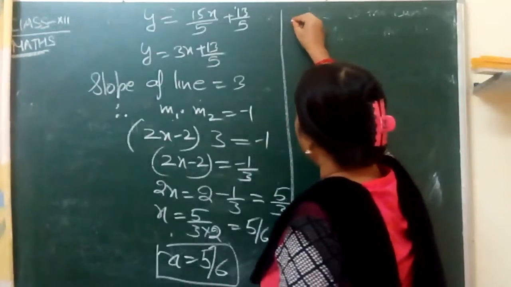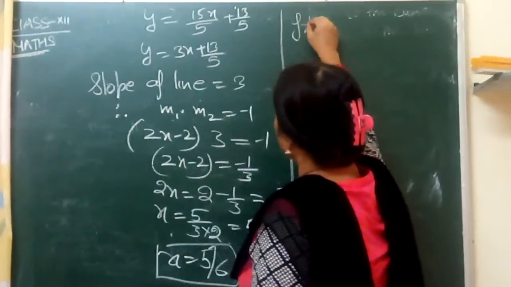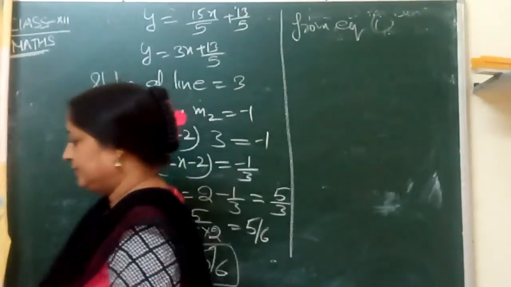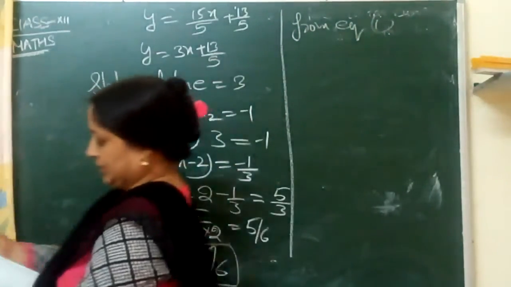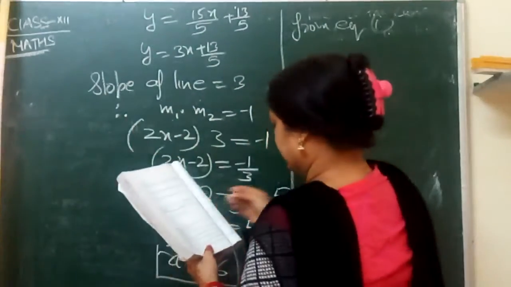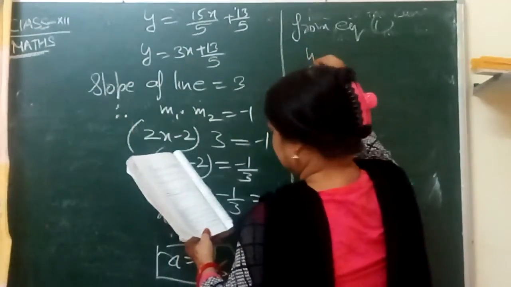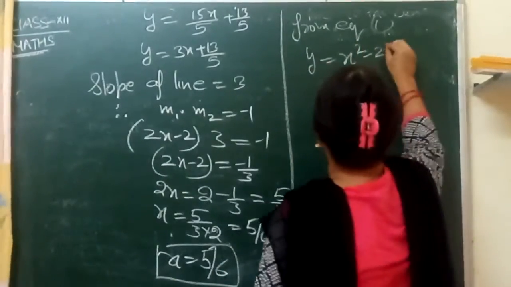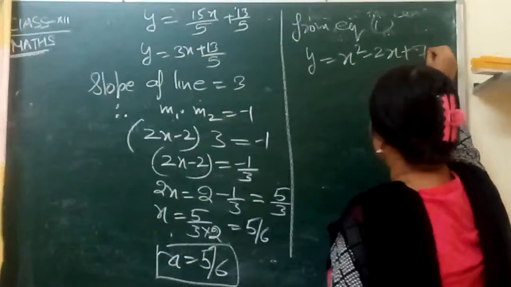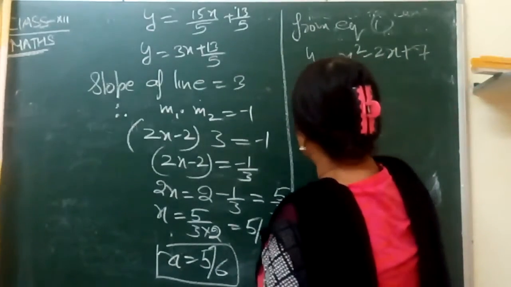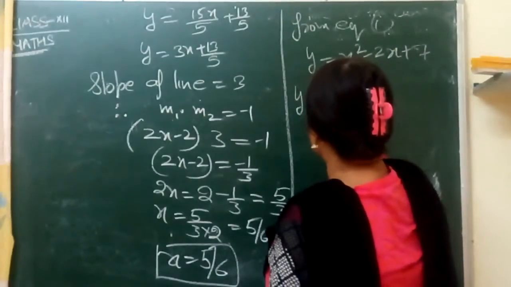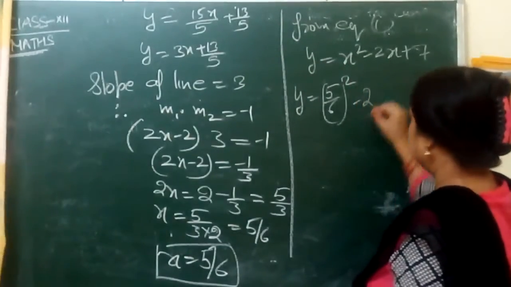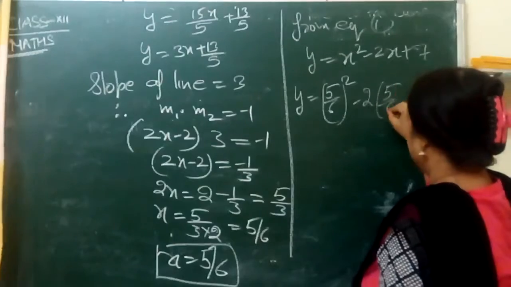We will find the value of y from equation 1, that is the given curve in the question: y = x² - 2x + 7. So we will put the value of x here. So y = (5/6)² - 2 into 5/6 + 7.